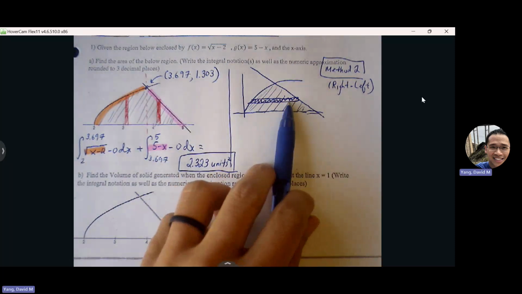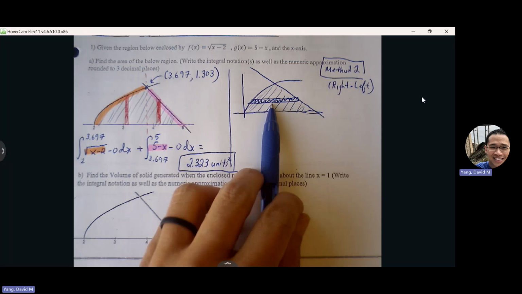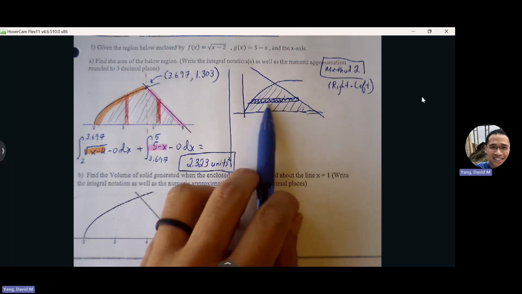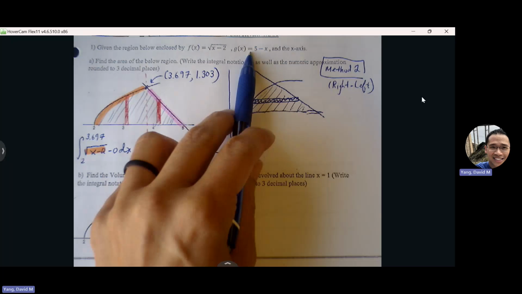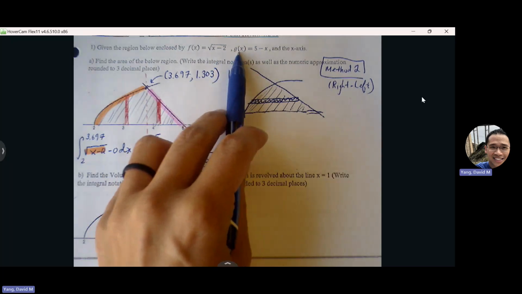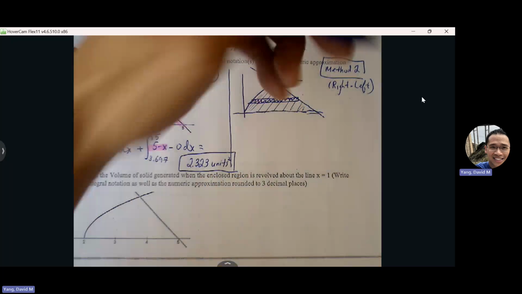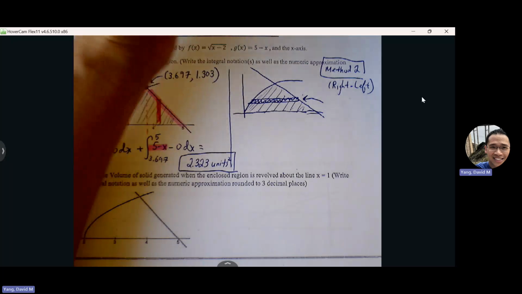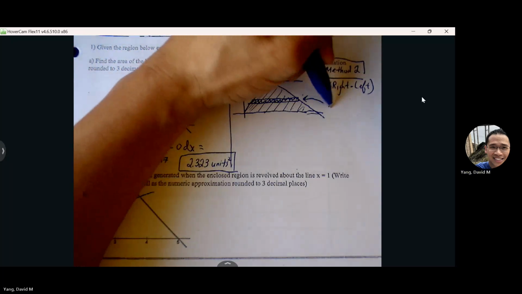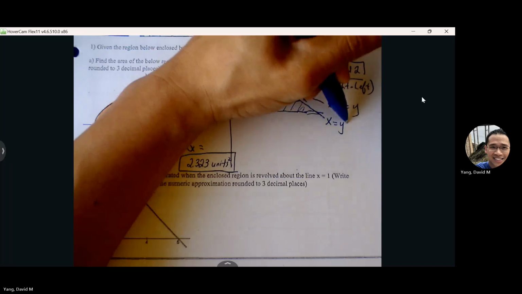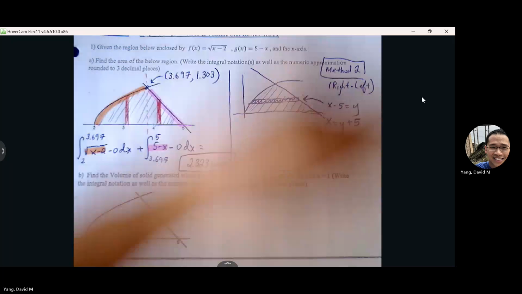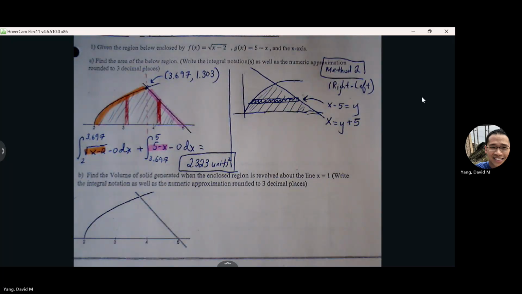So if you see a horizontal rectangle, horizontal radius, horizontal base length, you know you have to spend the time to rewrite the equations, and these equations are not going to be good for right minus left. So we want to solve for x here. Oops, sorry. My bad. I wrote the problem wrong here.